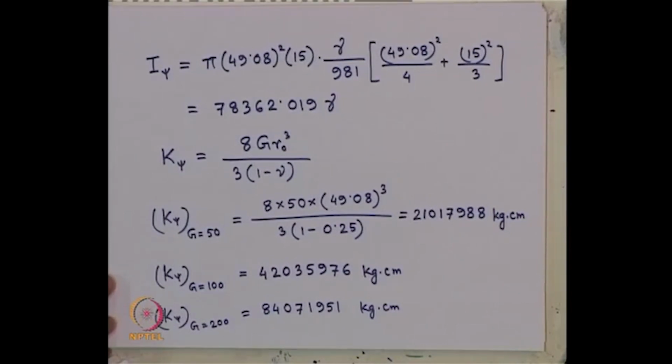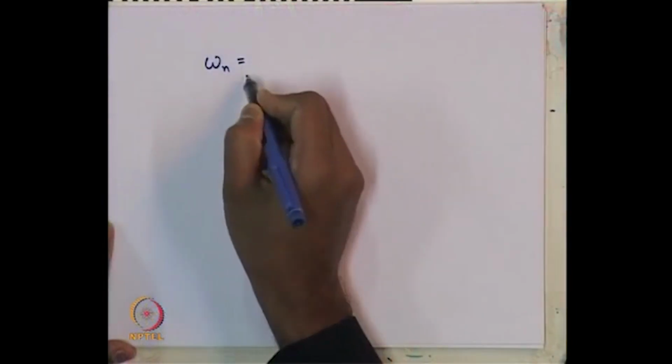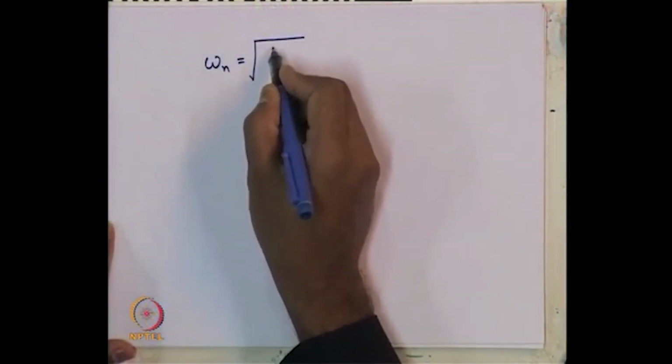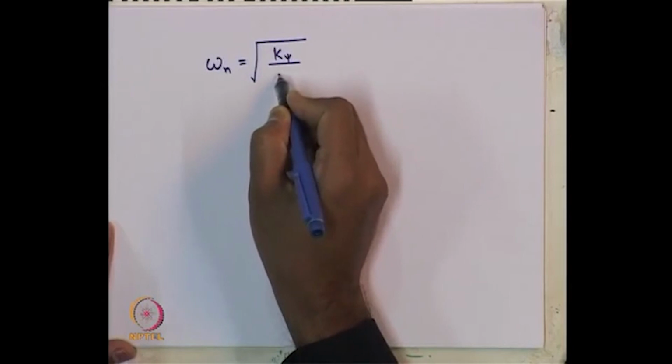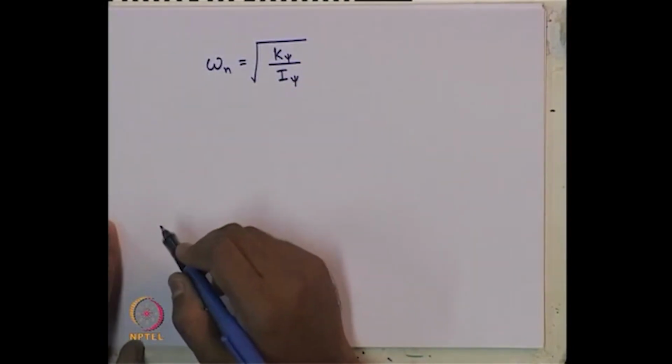That is what we did for the previous problem also, right. So, let us take the expression for natural frequency for this rocking mode of vibration. The expression is omega n equals root over K psi by I psi, where I is the mass moment of inertia.